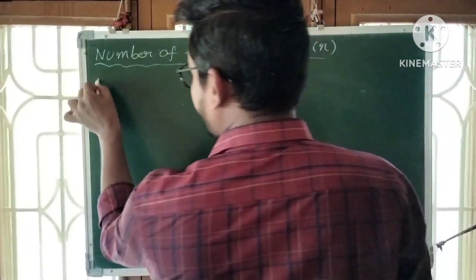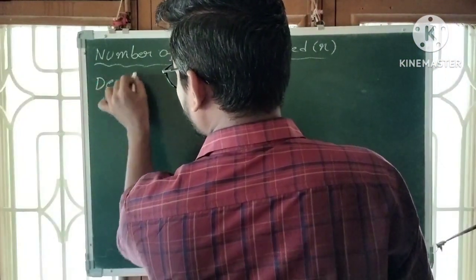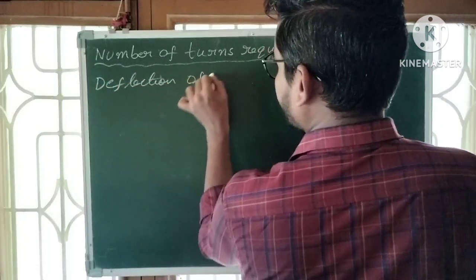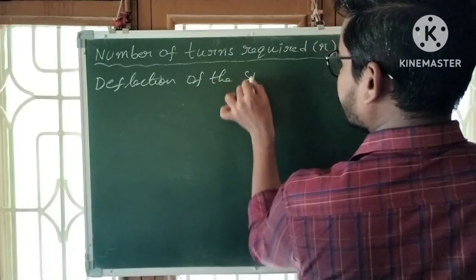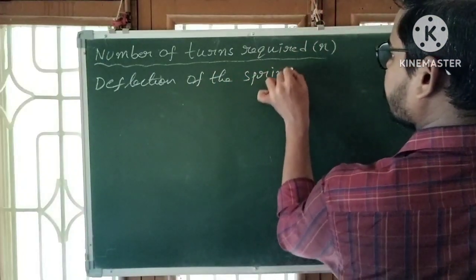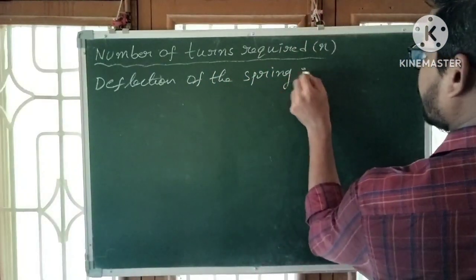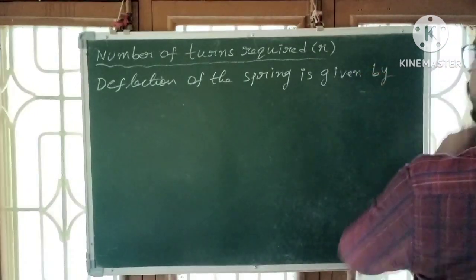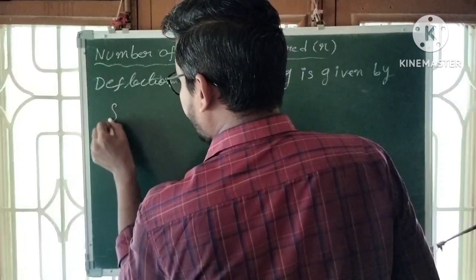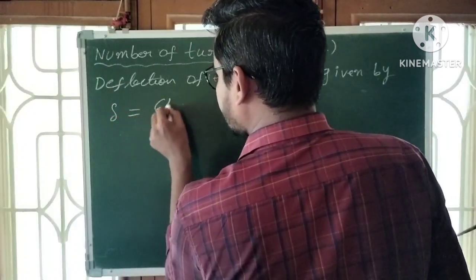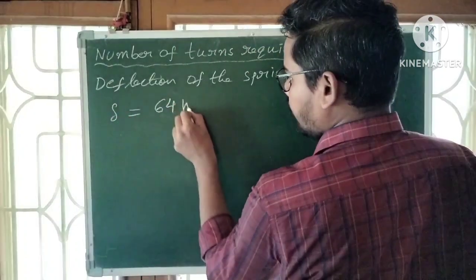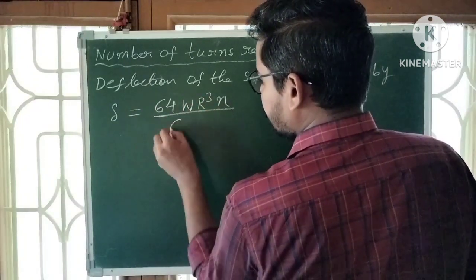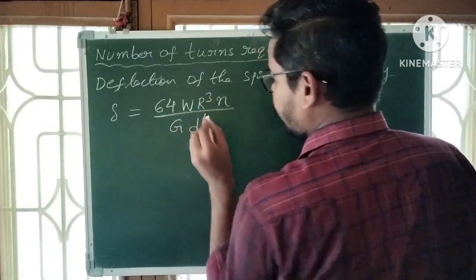We know that the maximum deflection of the spring is given by a very important formula: delta is equal to 64 W R cube n by G d power 4.